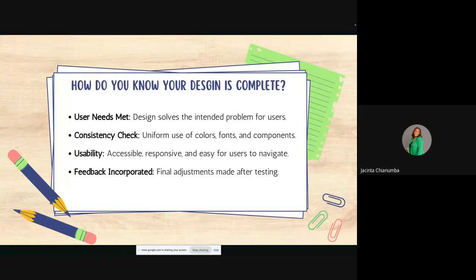It's always very important that before you say that this design has been completed and you want to hand off to the developers, you must make sure that all this feedback that you have gotten has been put in, you have made the adjustments on your final designs, and then you can now push to developers.